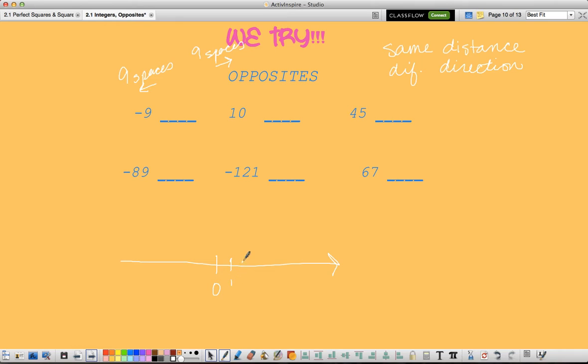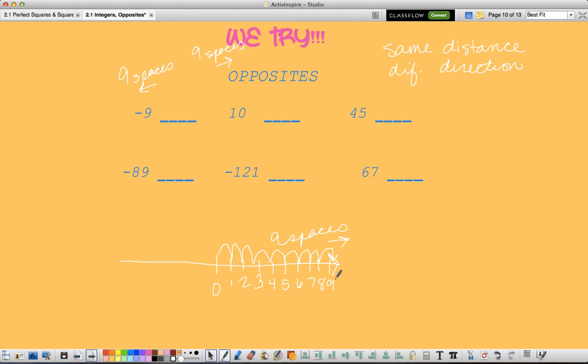we know it's 1, 2, 3, 4, 5, 6, 7, 8, 9. So if I count 1, 2, 3, 4, 5, 6, 7, 8, 9, this is 9 spaces.